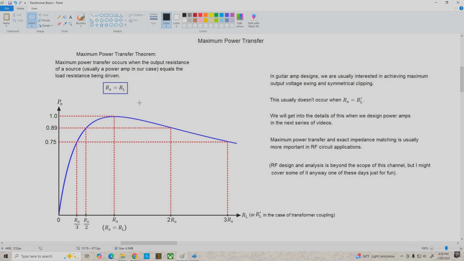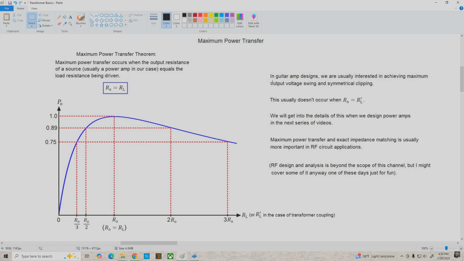Now, when we're designing guitar amplifiers and other audio amplifiers in general, what we're mostly interested in is achieving maximum output voltage swing and symmetrical clipping, and that usually doesn't happen when R_O equals R_L or R'_L. So getting symmetrical clipping and maximum output signal swing takes precedence.